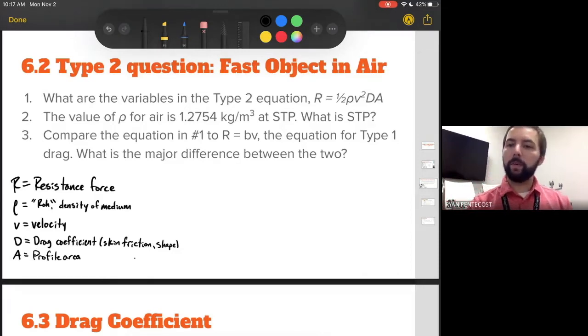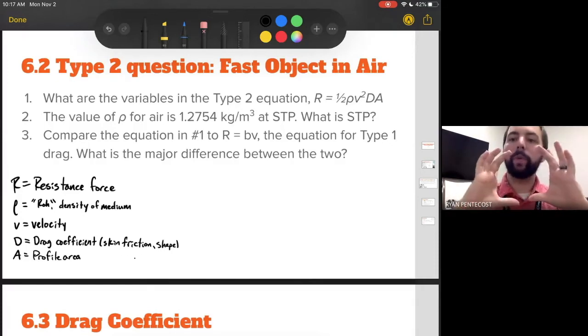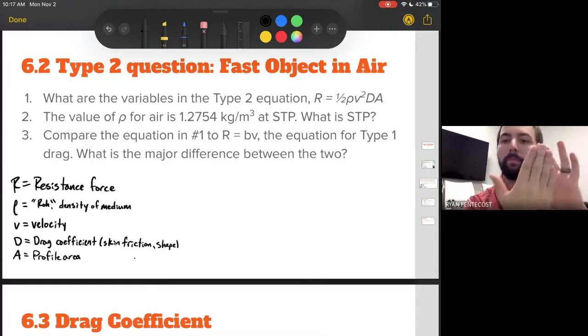But that doesn't give you any definition about the concavity of my eyes, how my cheekbone moves into my nose here. It doesn't actually give you information about the shape of the object. It just gives you the idea of what is the profile of the object as it comes perpendicular to your medium, right? As it meets that air head on.